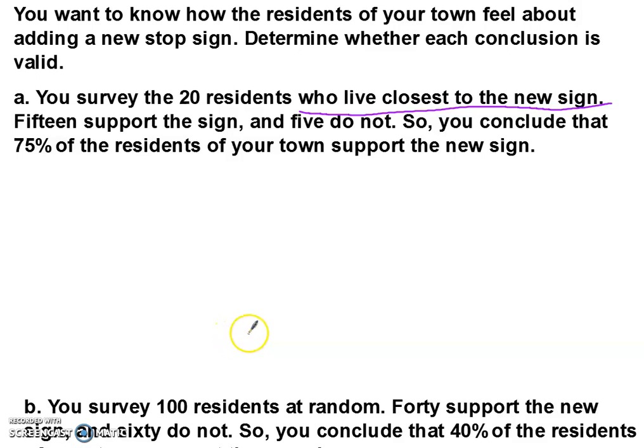So you conclude that 75% of all the residents in your town support the sign. Now, they targeted this specific group of people who live closest to the sign. And since they targeted these people, they skewed the data. Their conclusions are not valid.